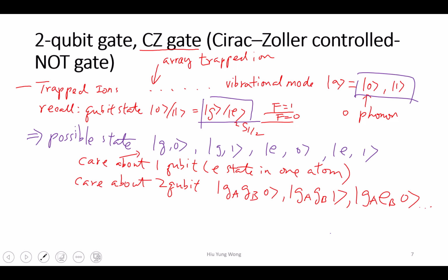This other 0, 1 state. Oh, maybe not exactly, because in this case, we are not trying to see how the qubit state is changing the vibrational mode. They are kind of fully decoupled. So we are just trying to, I will show you later, we're trying to borrow the photon mode to do the computation, right?